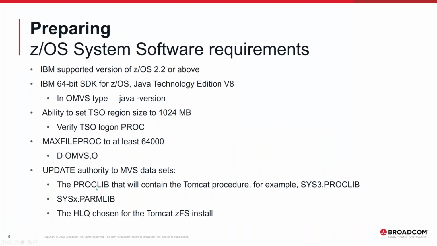So the z/OS preparation, of course, you need to be on a supported release, 2.2 or above is fine. We do require that you have Java version 8, the 64-bit. You can find that in your SYS1.PARMLIB BPX member.